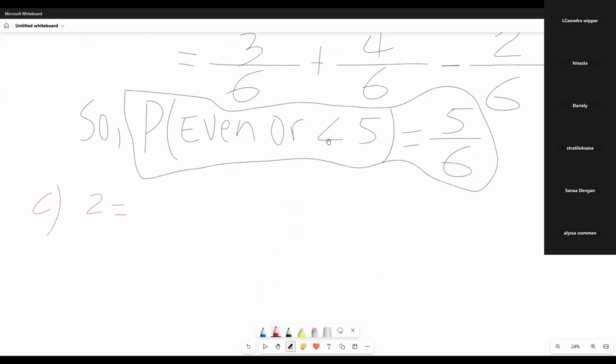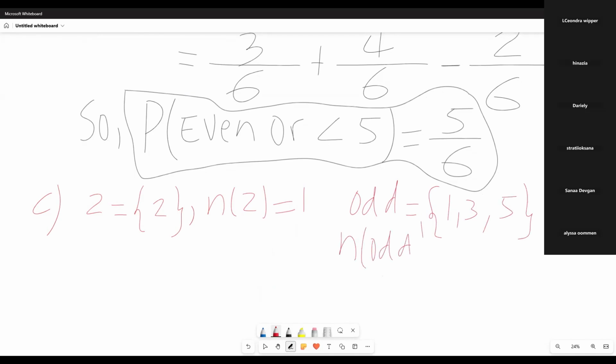2 or odd. Two is just 2, so N of 2 is just 1. Odd would be 1, 3, 5, which equals 3.